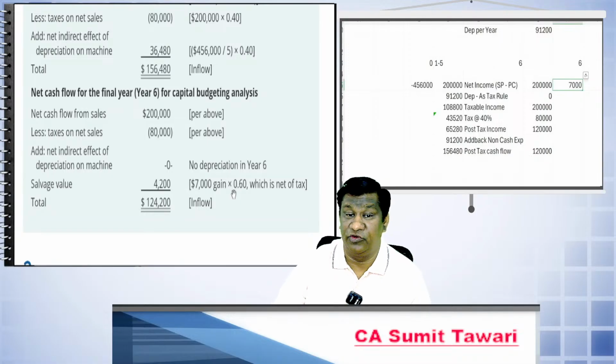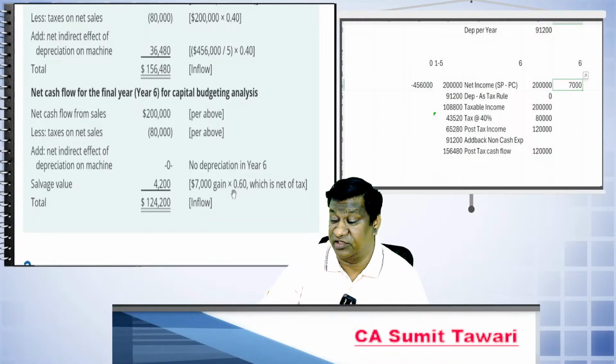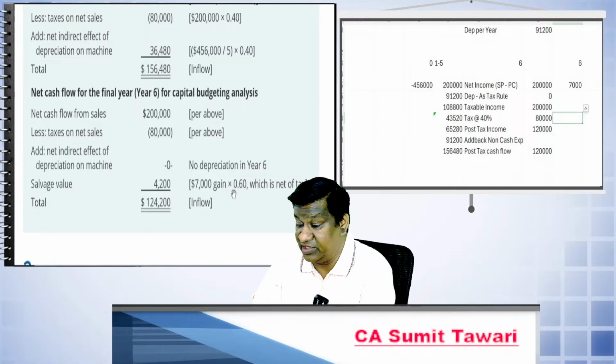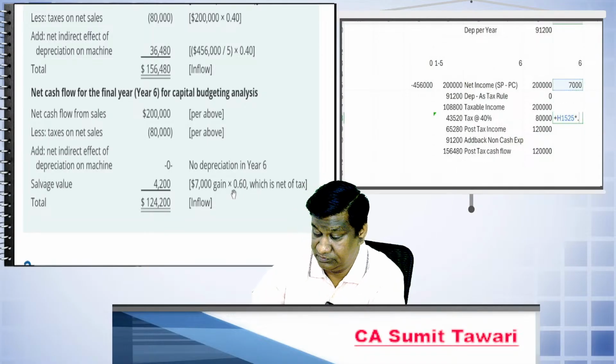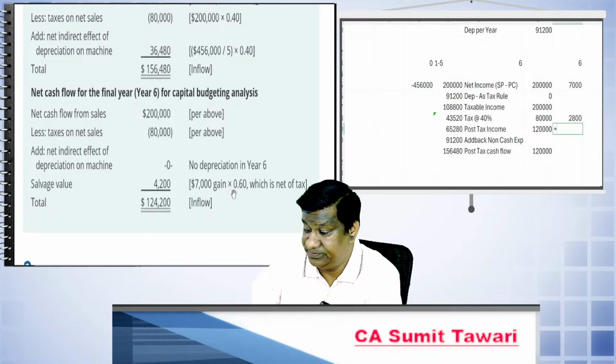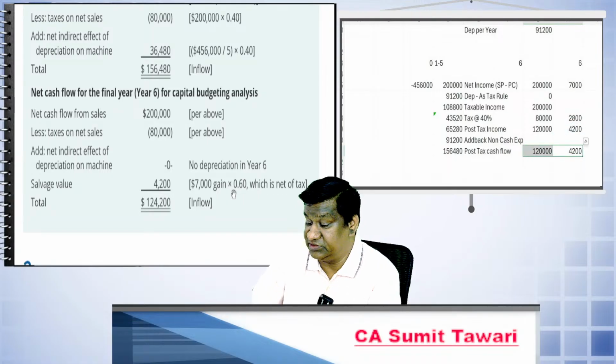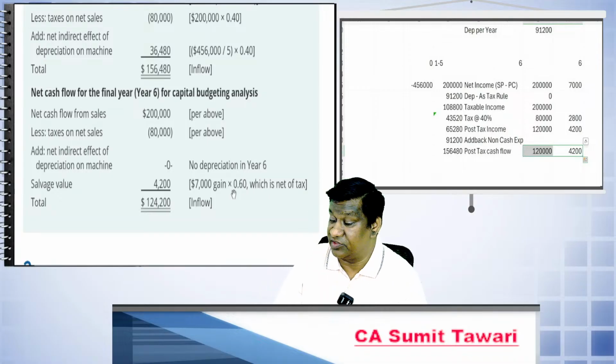Whatever salvage value I get is additional income for me. The tax on this 7,000 is this one, then the post-tax amount, and there is no add back. So in the 6th year your cash flow is 124,200.